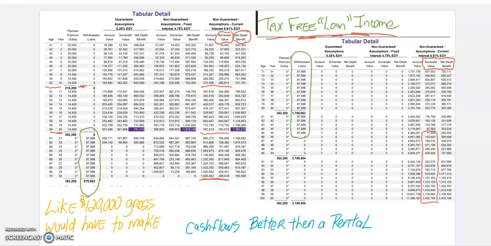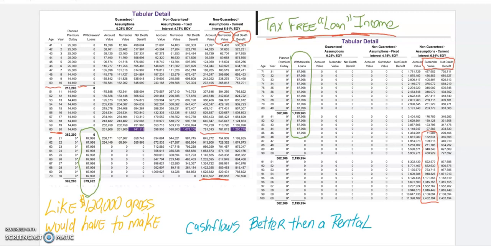Guys, you've only paid in 218. You have 268 available. So even if all you did is just funded the policy once, $25,000, and you were to pass away, the net death benefit to your family, even if you just paid one premium, would be $500,000 of tax-free money that will get left behind to your family.